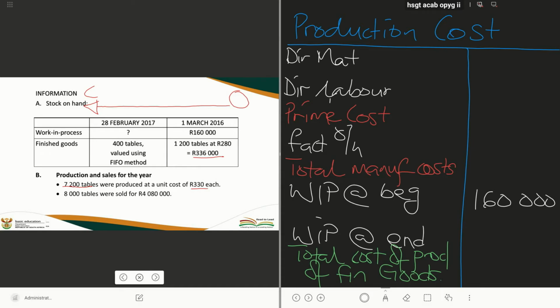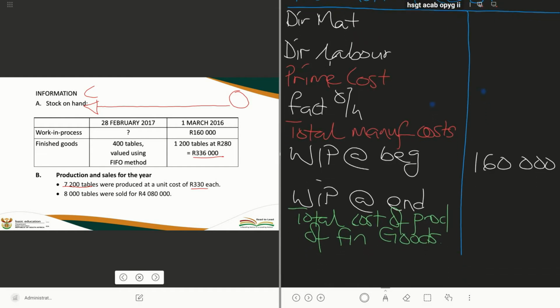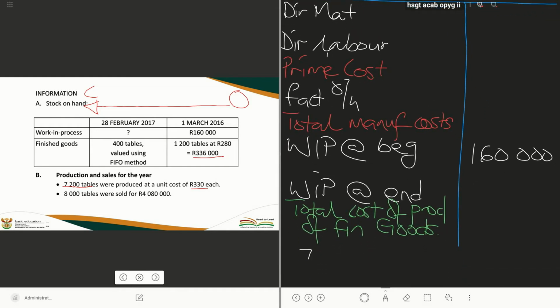So to get our total cost of production of finished goods, we will say 7,200 multiplied by 330, the cost of each table.